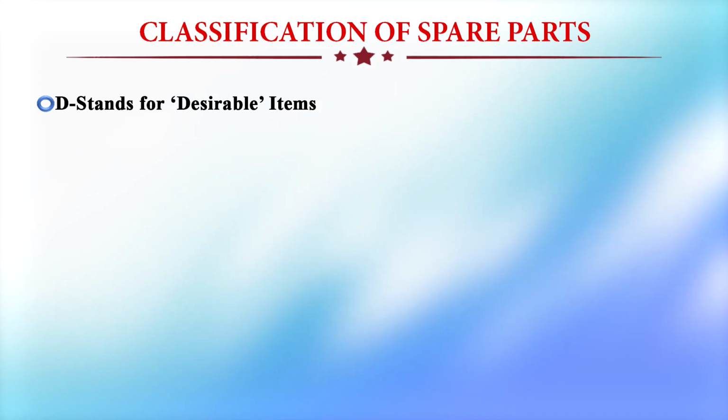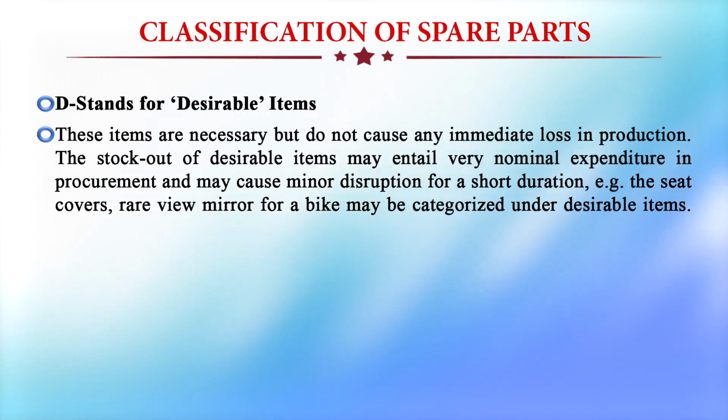D stands for the desirable items. These items are necessary but do not cause any immediate loss in production. The stockout of desirable items may entail very nominal expenditure in procurement and may cause minor disruptions for a short duration.